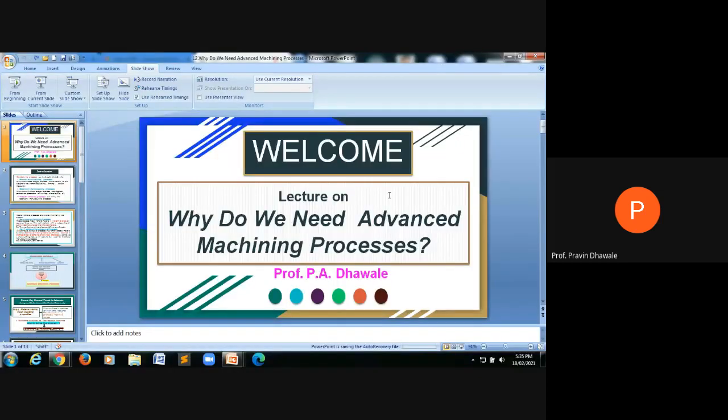I think it is clear why we require the advanced machining process, non-conventional machining process, or non-traditional machining process. All these three terms have the same meaning. Which are those? Non-conventional, non-traditional, and advanced machining processes.